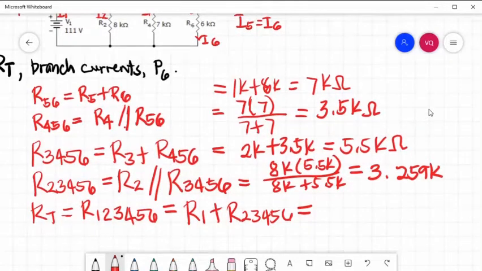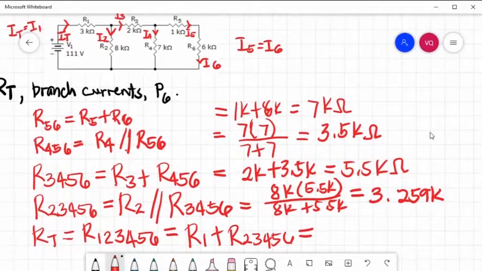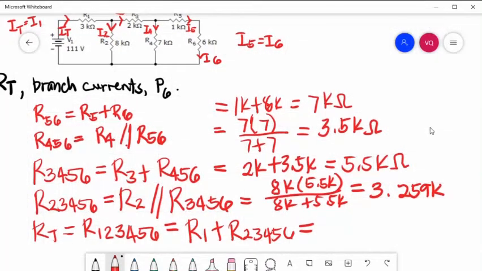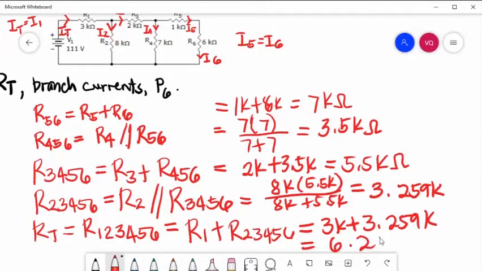Next, last one, we have the sum: 3 kilo ohm plus 3.259 kilo ohm. So that is equal to 6.259 kilo ohm.